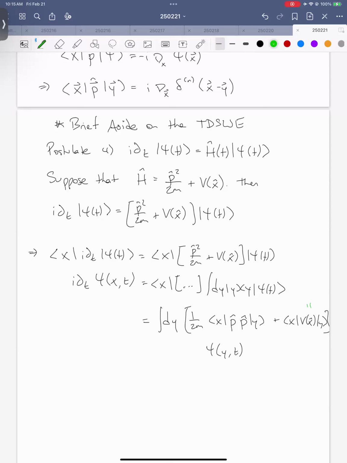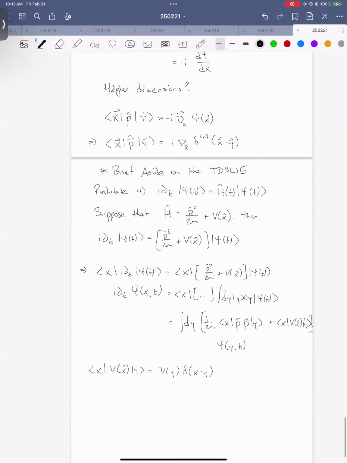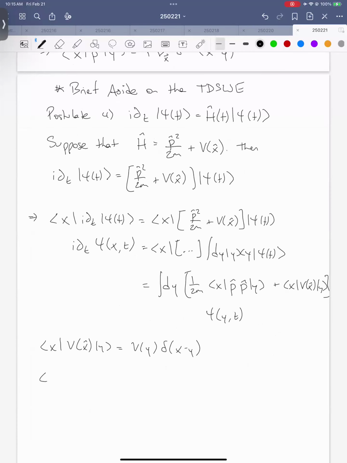And we said that our x V hat y is V of y delta x minus y. And our x p hat squared y is going to be equal to minus the derivative with respect to y squared of delta x minus y.